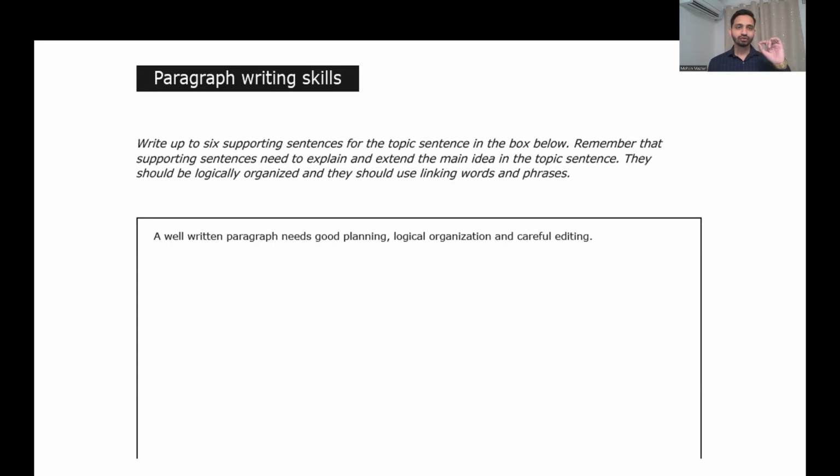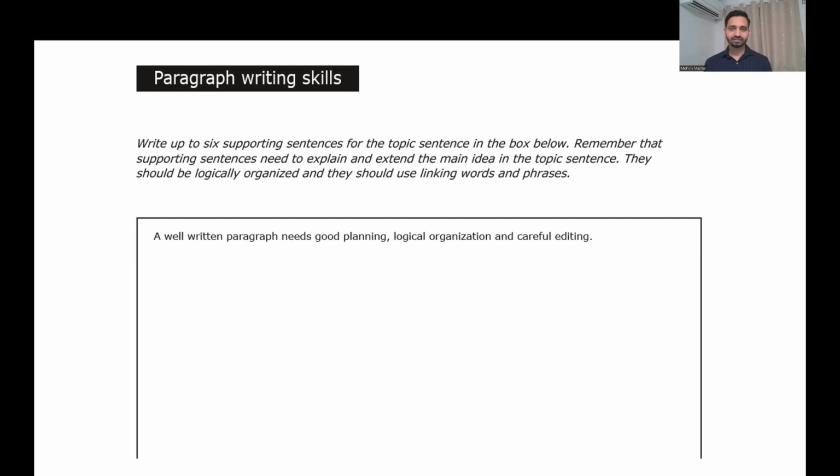All right, so write up to 6 supporting sentences. I want you to pause the video here, write at least 6 supporting sentences for the topic sentence. So I'm giving you a topic sentence here. Remember that supporting sentences need to explain and extend the main idea in the topic sentence. They should be logically organized, and they should use linking words and phrases.